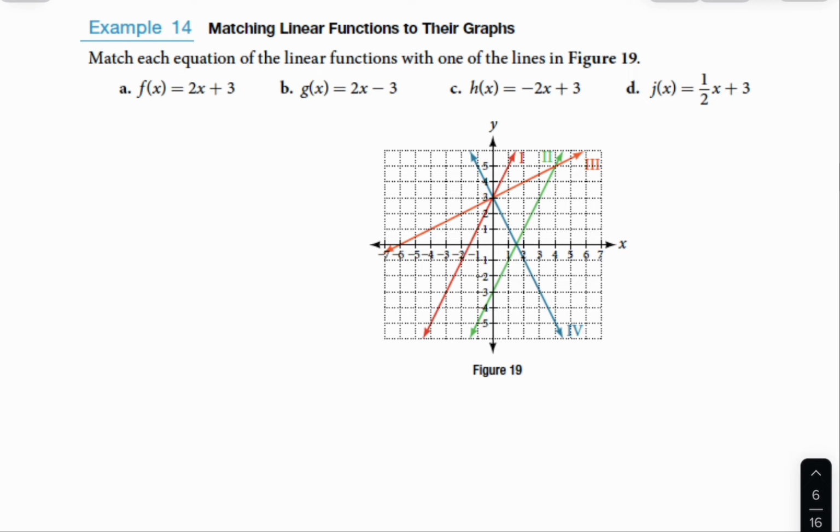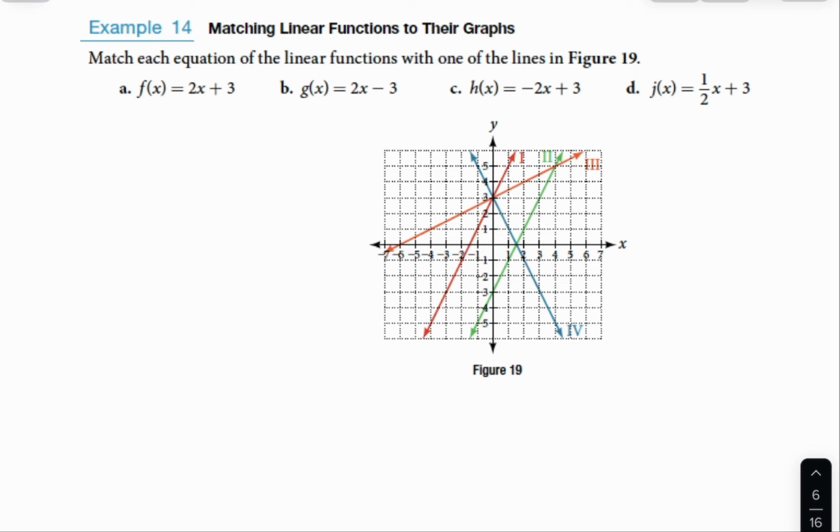Let's take a look at this one. Now it says to match each equation of the linear function with one of the lines. Okay, so first let's look at our lines. We have positive slope, positive slope, positive slope. The only one that has a negative slope is this one.